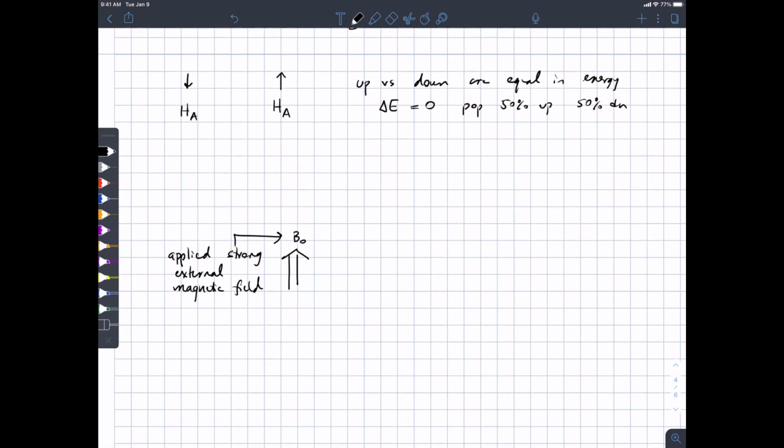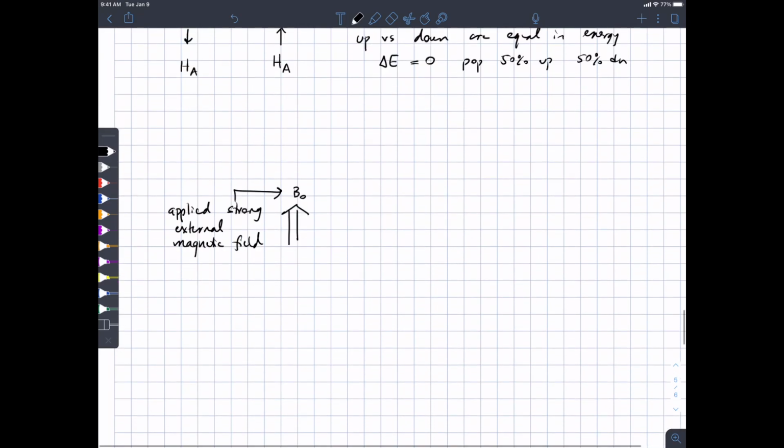When you apply the external magnetic field, though, you now create an energy difference between being aligned against the external magnetic field and with the external magnetic field. So with the field is lower in energy versus against the field is higher in energy.